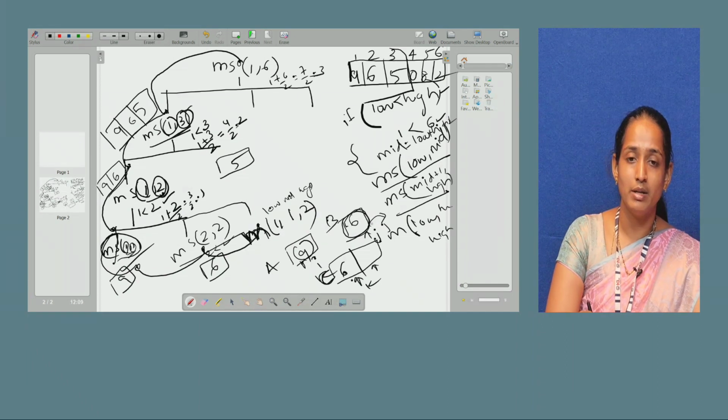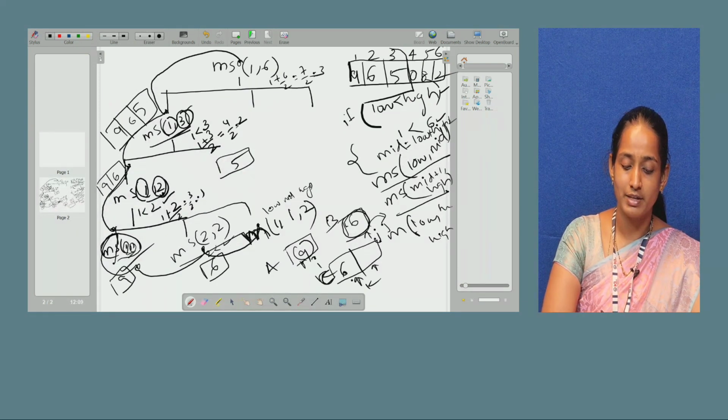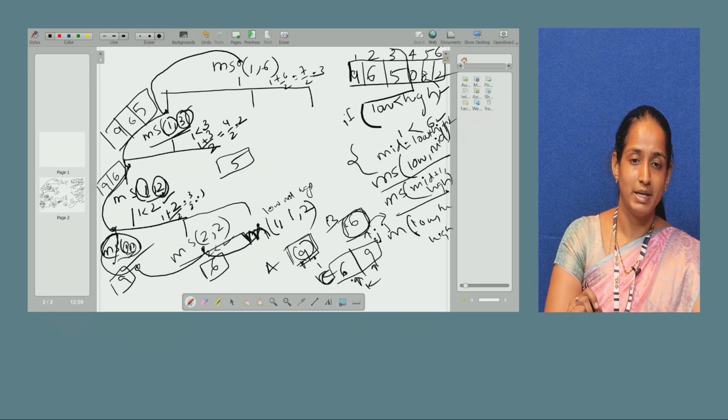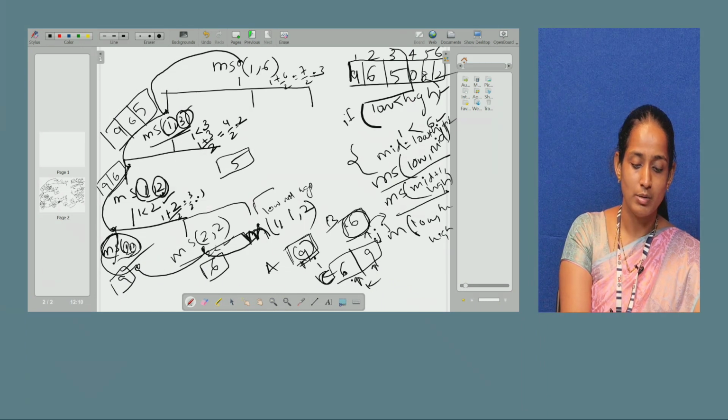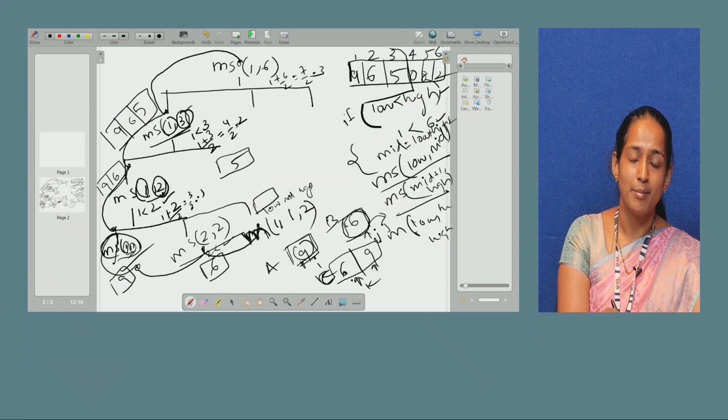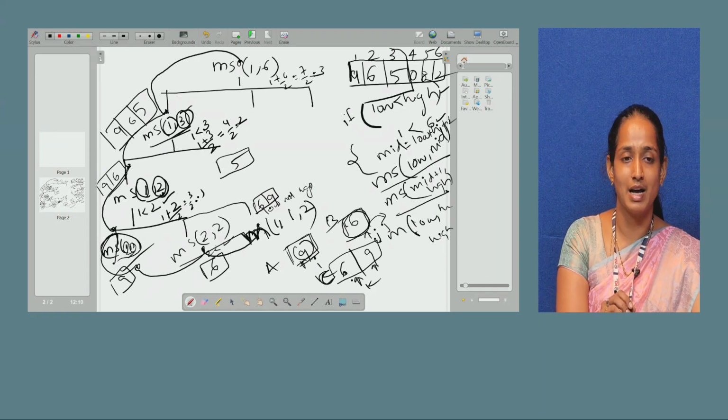There are no elements in the B array to compare with the elements in the A array, so we will push the elements that are there in the A array directly into the empty array. So the sorted list will be 6 comma 9, and that value will be stored in M of 1 comma 1 comma 2. So M of 1 comma 1 comma 2 contains 6 comma 9.